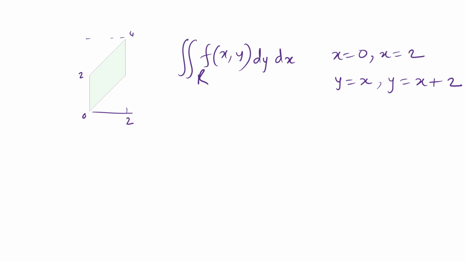So this is the square region. We have x equal to 0 to x equal to 2, basically this region, and then y equal to x, so this is basically this line, and then y equal to x plus 2. So this is the area that we are actually talking about, and we need to calculate the double integral in this region.